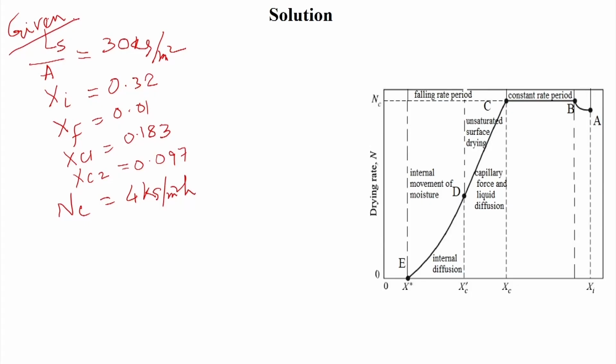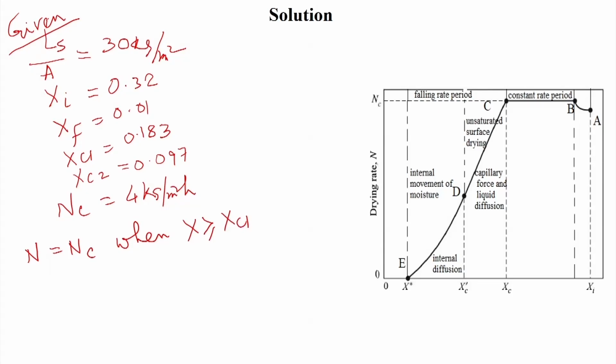Now, we need to get the correlations among all these x values along with the flux values, or the drying rate values. N is equal to Nc when x is greater than or equal to Xc1.